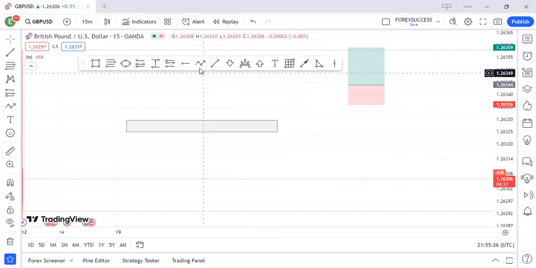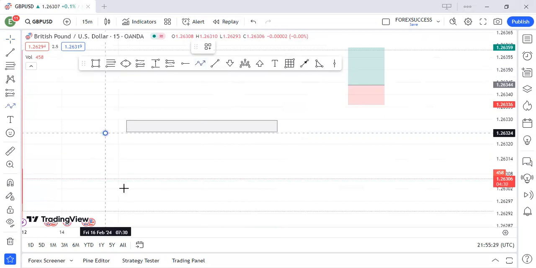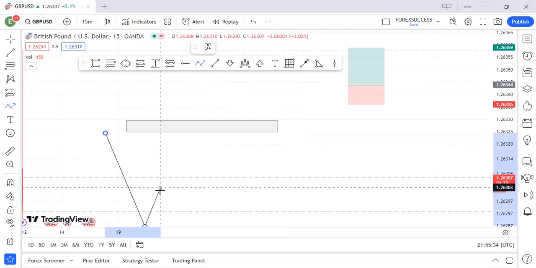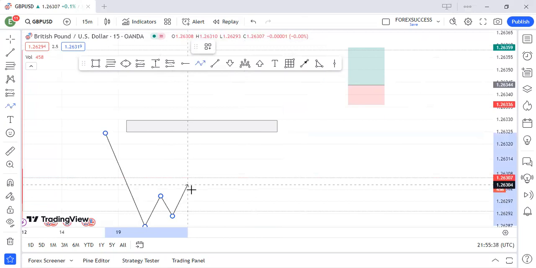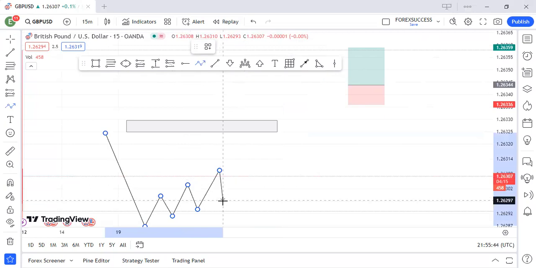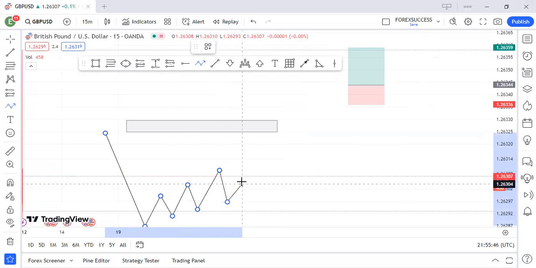Okay. So we have our pass through again. Now we have price moving in this pattern, and then at this time we have a change of character.